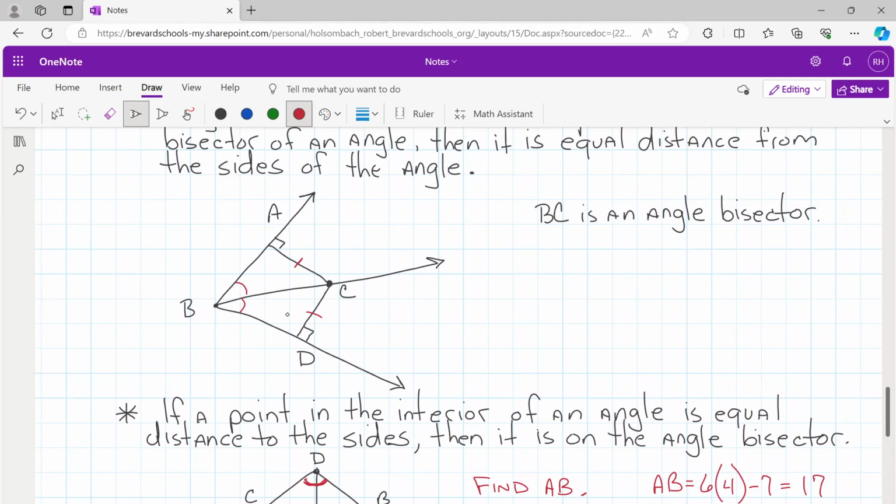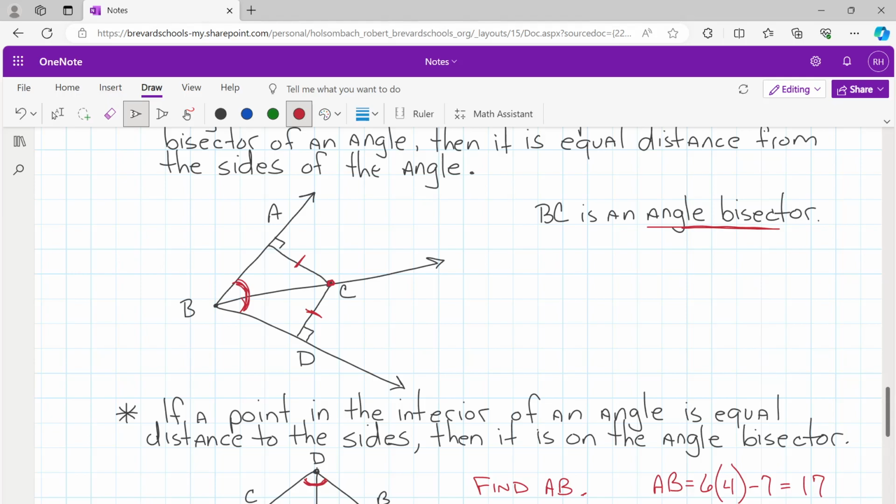If you have a big angle with a ray coming out of it, and these two angles are congruent to each other, then the ray is an angle bisector. And if the ray is an angle bisector, then any point on that ray is the same distance from the sides of the angle. Okay?